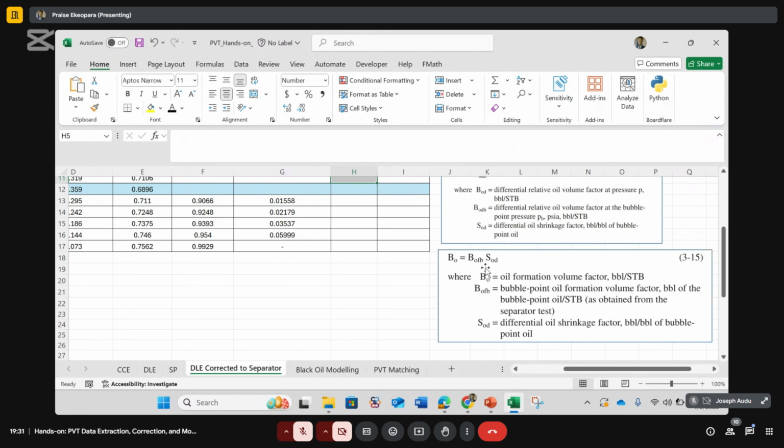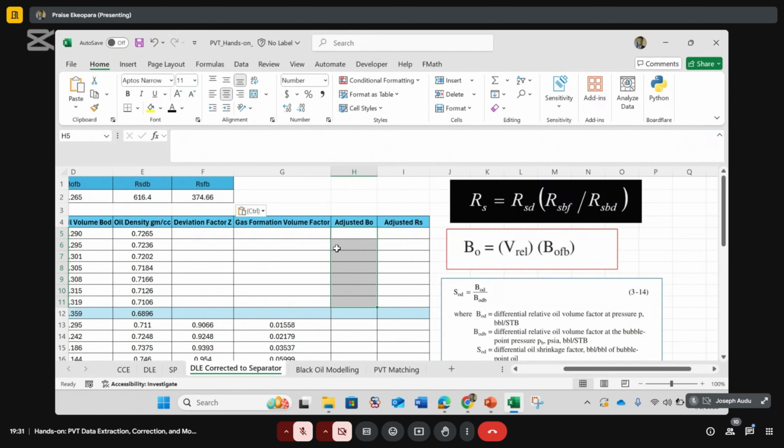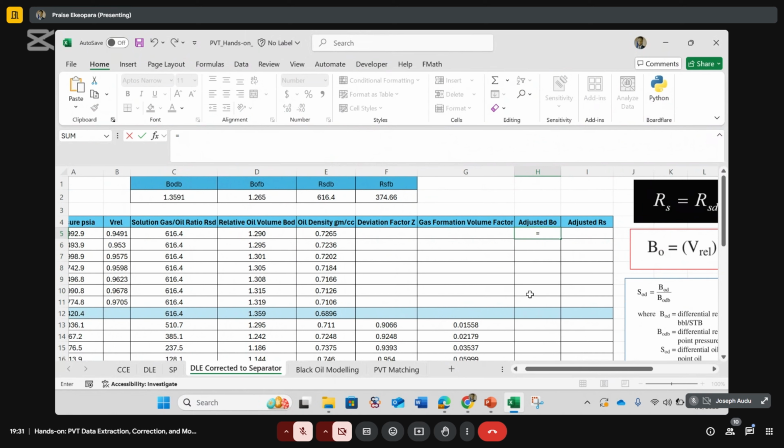So how you do this now, let me just start with above. So for above is just a simple case of multiplying your VREL. So BO will just be a simple case of multiplying your VREL. So you have this your VREL, multiplying it by your BOFB.